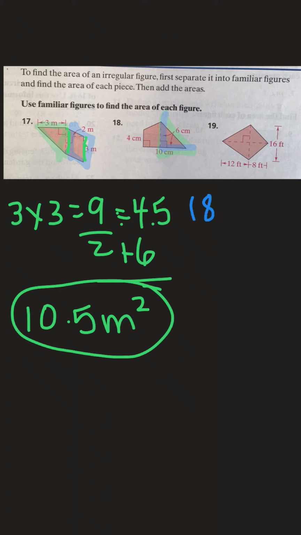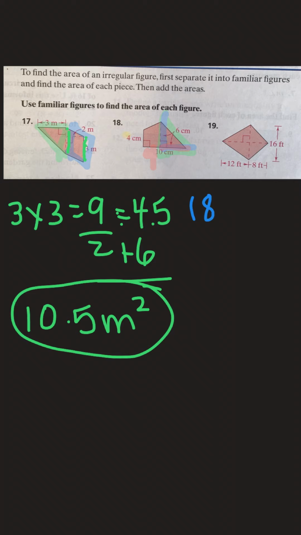This side over here looks more like a trapezoid. So if this is 6 and the whole thing is 10, then we know that this right here is going to be a 4. So we want to add the two sides together.